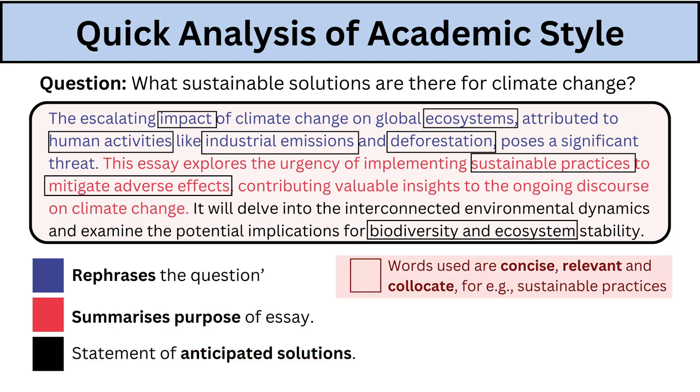But also, look at the squared boxes which show you the type of language being used, which are words one often hears when discussing or reading about climate change. When we talk about climate change, we talk about the impact, ecosystems, human activities, industrial emissions, deforestation, sustainable practices, and so on. All these words are concise, relevant, and collocate.